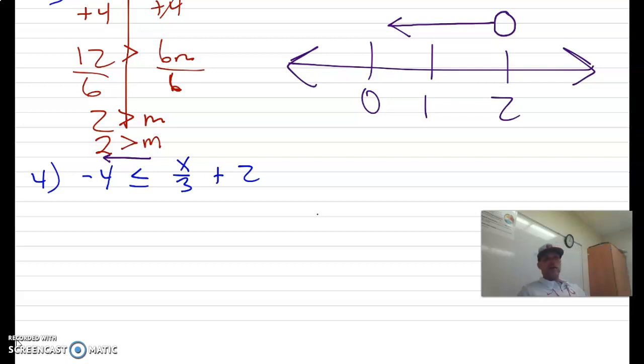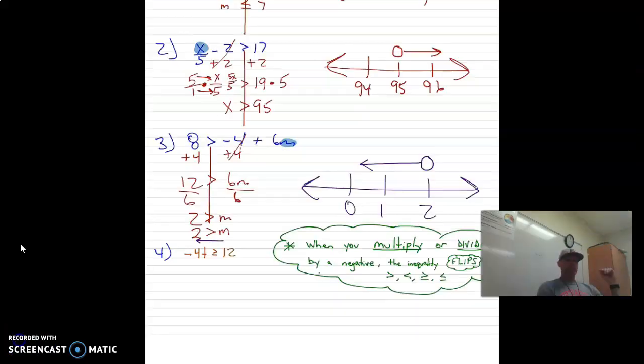I'm going to rewrite number 4 because I don't like it. All right, I redid number 4. Number 4 says negative 4t is greater than or equal to 12.